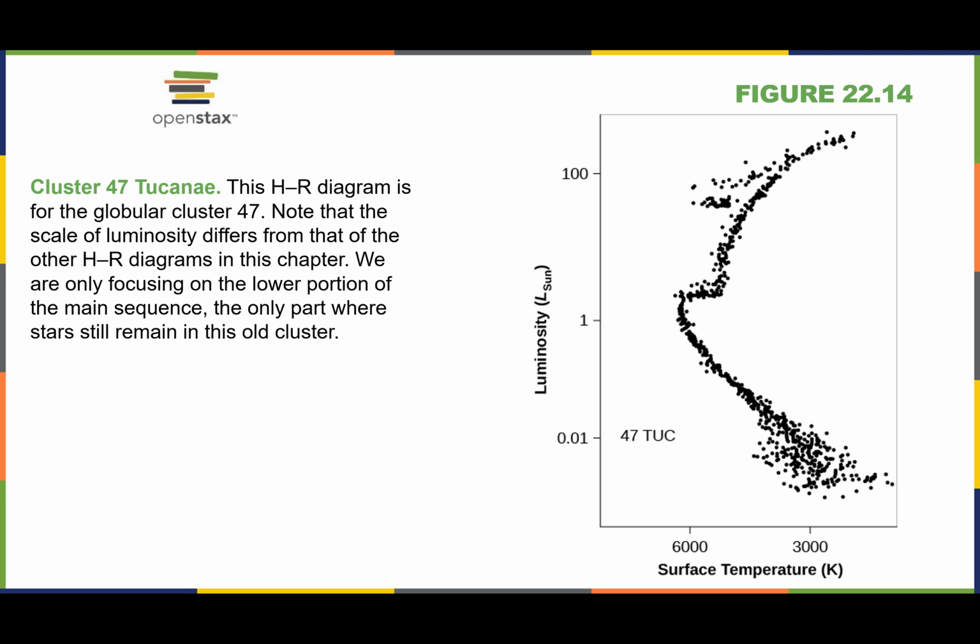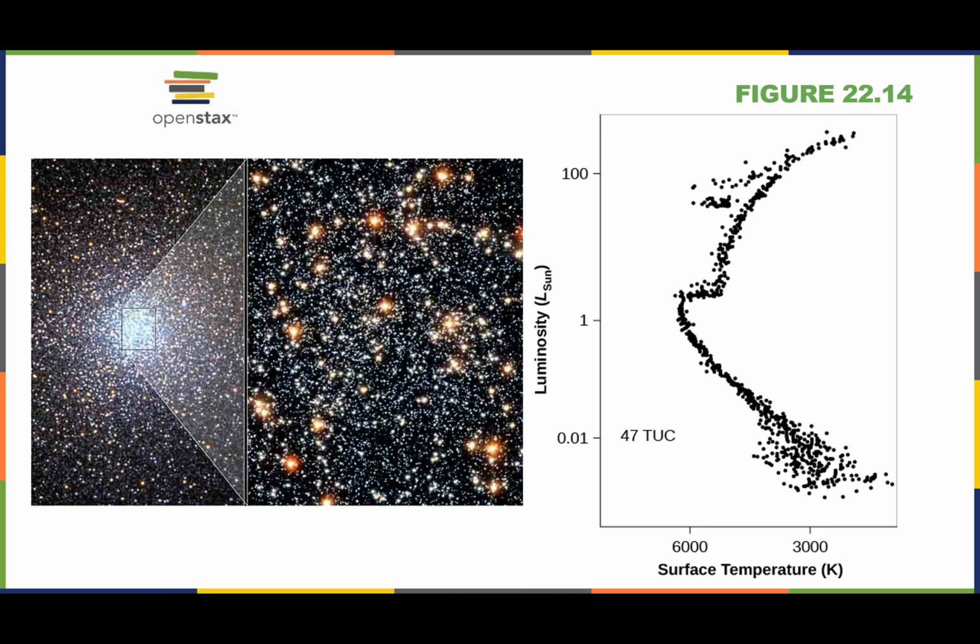I went out and got a picture of this cluster, 47 Tucanae, and this is what it looks like. So what do you think, globular or open? Globular, yeah. This is actually two photos: the inset box, the close-up, is this one.